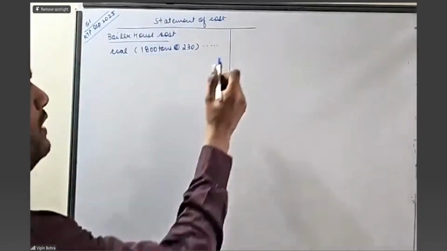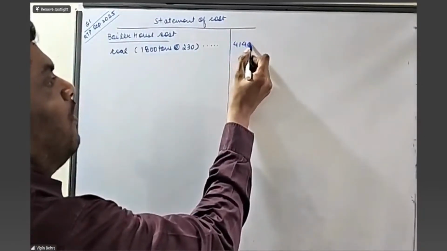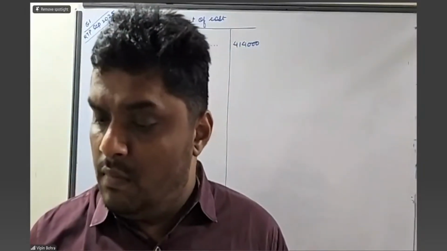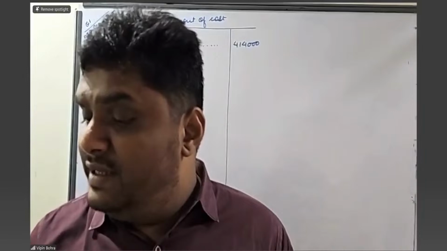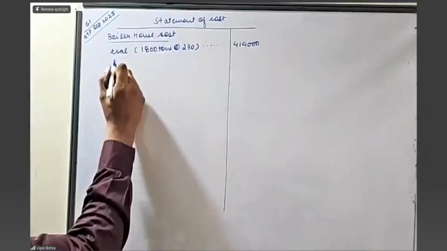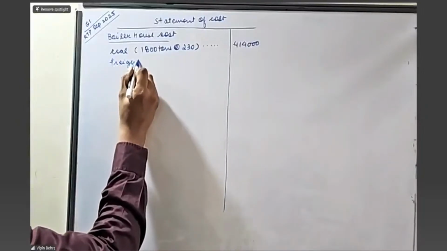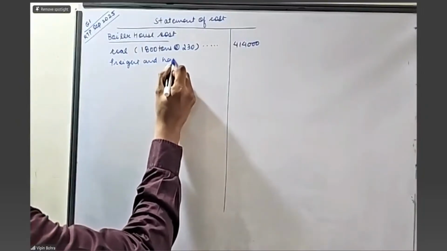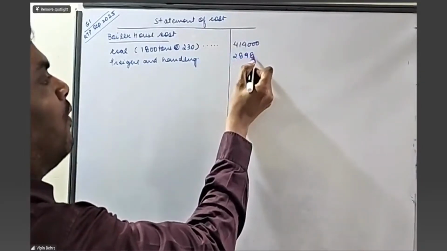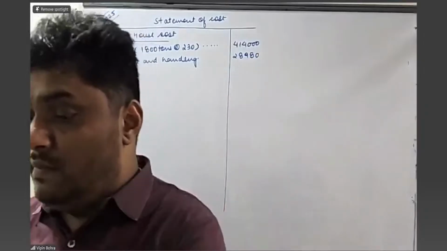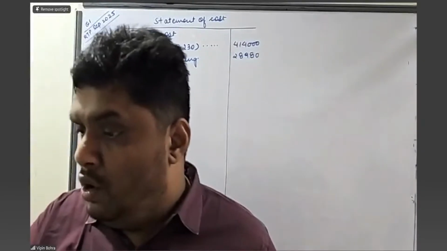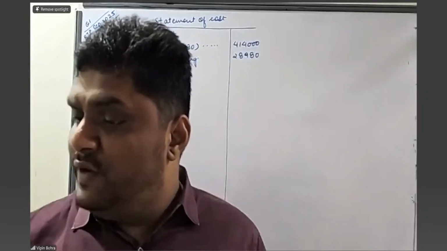So this will be 4,14,000. Freight and handling charges are 7%. So 28,980. Oil, it is 15 tons at the rate 4,500 per ton.